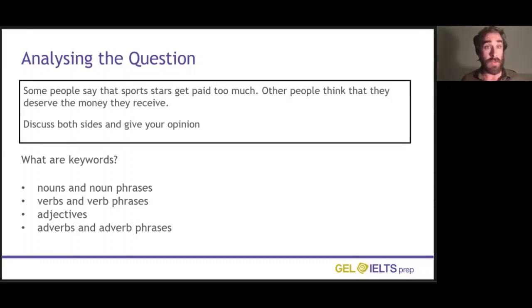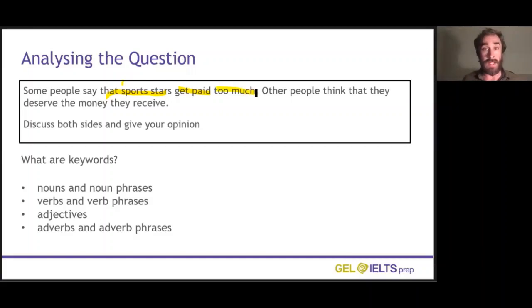The question starts with "some people say that," and then it says "other people think that." These sentence beginnings are quite common for opinion and discussion essays, so we can ignore these. We have sports stars, which is a noun phrase, get paid, which is a passive verb phrase, and too much.